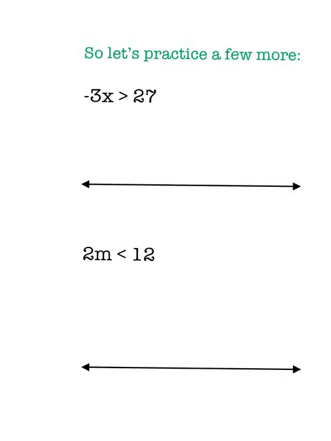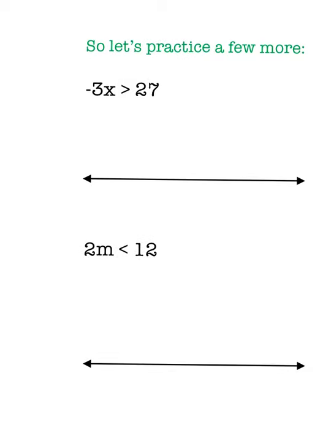So let's look at a couple here. We have negative 3x is greater than 27. I'm going to divide both sides by negative 3. And I get x is greater than 9. Since I divided by a negative 3, since that 3 was negative, I have to switch the sign in my answer.